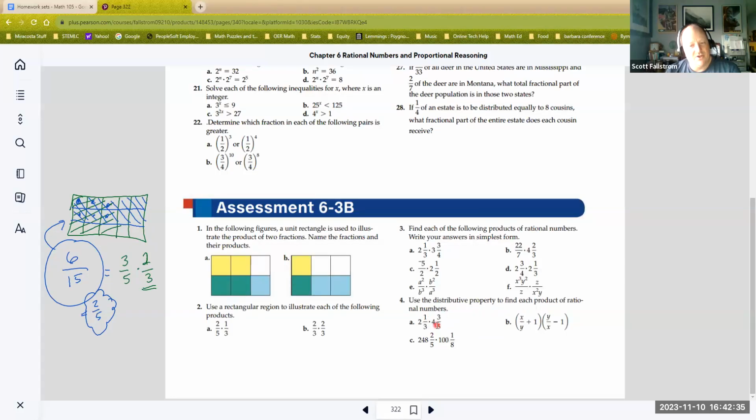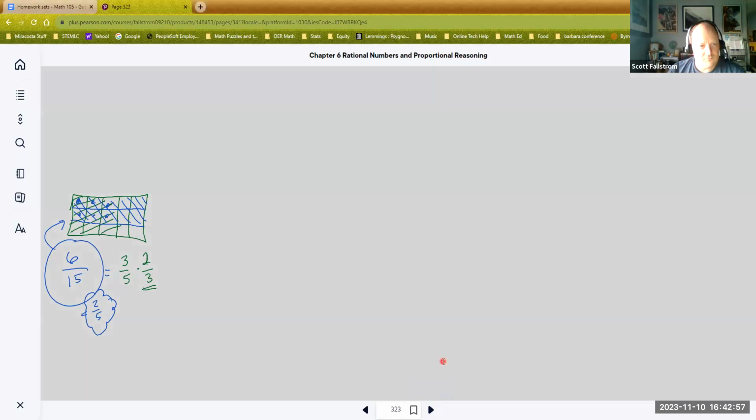For this one, you cannot turn them into improper fractions. I want you to distribute them to show you can do it. Maybe part C is a little bit easier, but I think the numbers just get too big. It's totally up to you, but I want you to try it both ways.